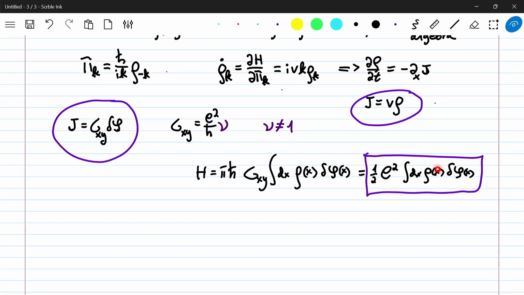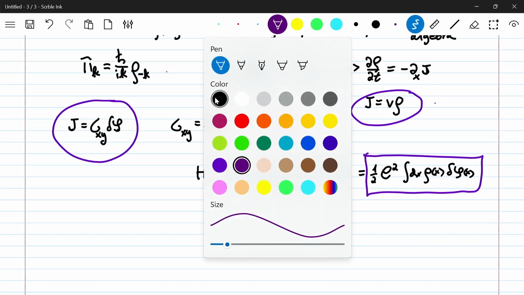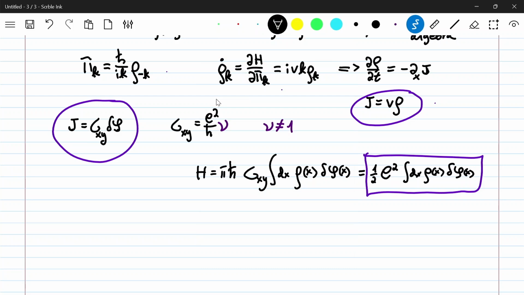So I retract the steps that led to this Hamiltonian, and because of the filling fraction that is not 1, I see that I'm going to get the following Hamiltonian. Again, it's just trivial algebra.